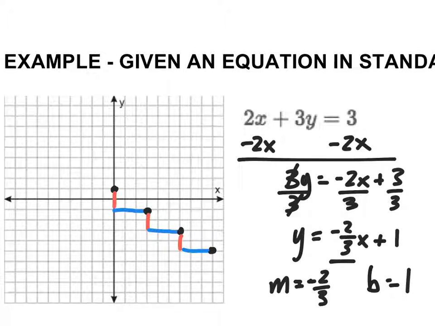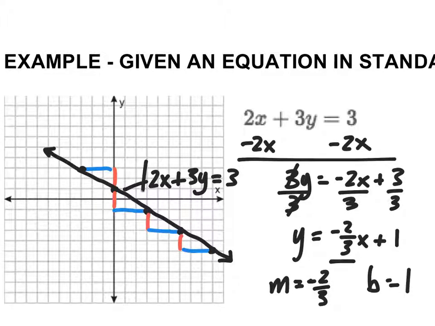All right, and I can even go up 2 and to the left 3, and generate more points. So this is now my equation, 2x plus 3y is equal to 3. All right, so we have that method of doing that.